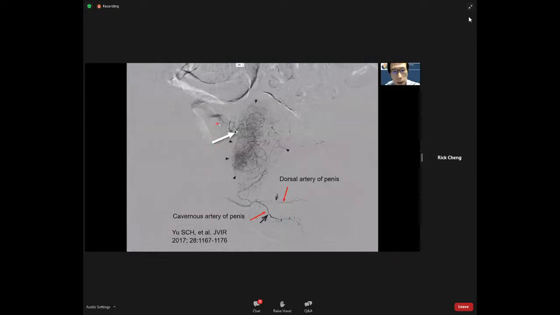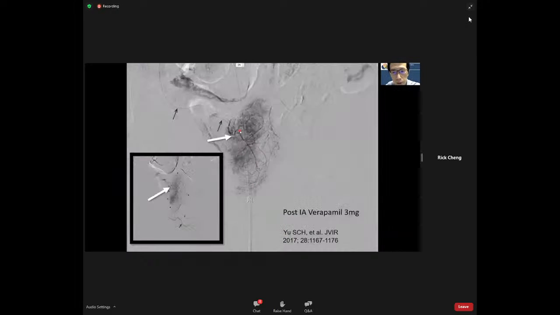A similar case, with the microcatheter put into the boundary of the prostate, and the anastomosis, dorsal artery of the penis, cavernosus artery. In this case, we do not do it the same way as the last case. We do not pull back the catheter and then select the internal pudendal artery. Instead, we just put in a vasodilator, verapamil.